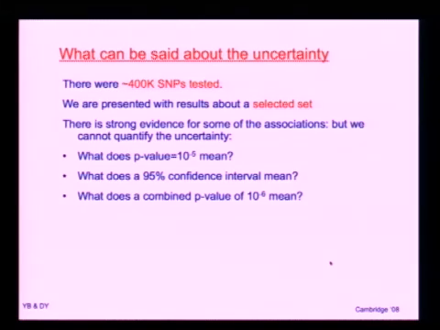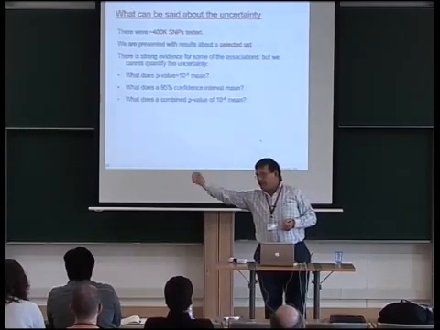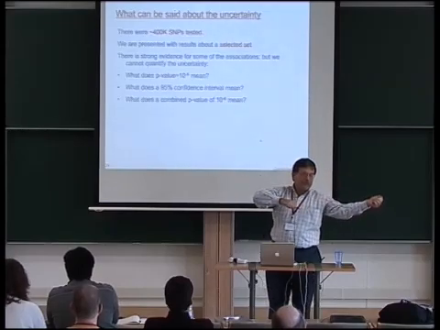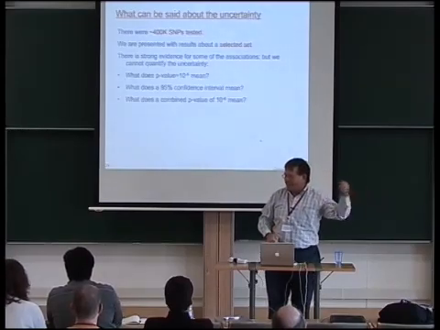What does a 95% confidence interval mean in this case? What does a combined p-value of 10 to the minus 6 mean when you use the results of the last study that was combined to look for the signals in the first study?